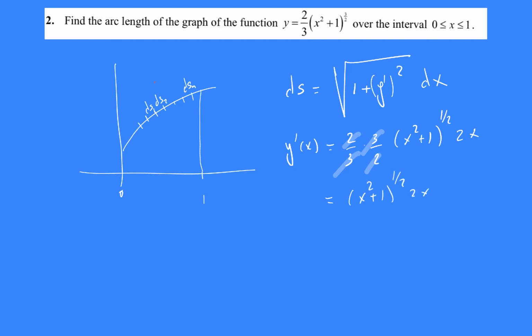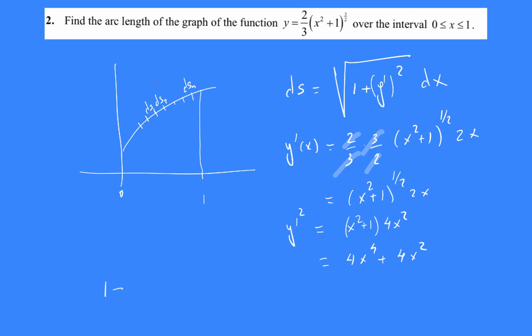And this will be equal to (x squared plus 1) to the 1/2 multiplied by 2x. And what I need in the formula is y prime squared. So y prime squared would be (x squared plus 1) times 4x squared, or in other words, 4x to the 4 plus 4x squared. And now we need 1 plus y prime squared.